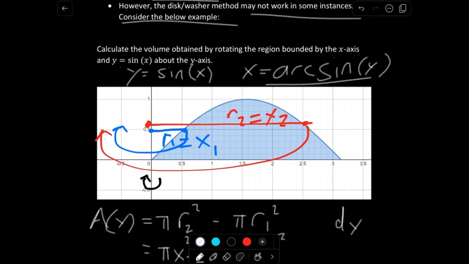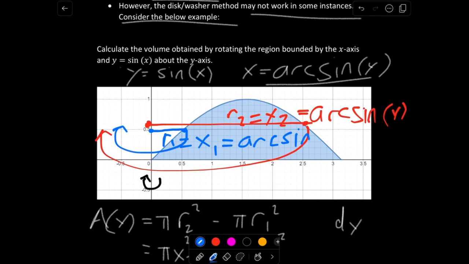There may be an easier way to handle this entire example, but let's continue through and see where the problem actually lies. So this means that x2 is going to be arc sine y because it lies on this function. But it also means that x1 is also going to be arc sine of y, because it lies again on the same function.